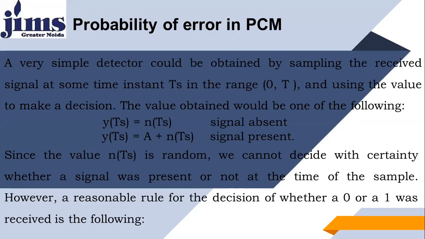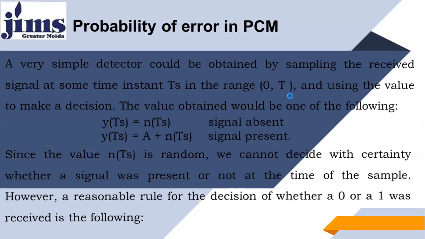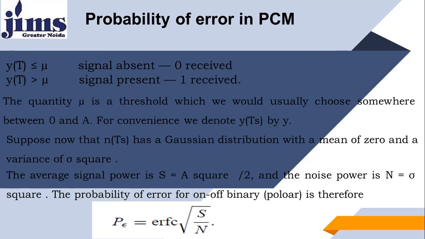That's why noise is considered a random variable, right? So we cannot decide with certainty whether a signal was present or not at the time of the sample. However, a reasonable rule for deciding whether a 0 or 1 was received is the following. On the basis of that, we decide.